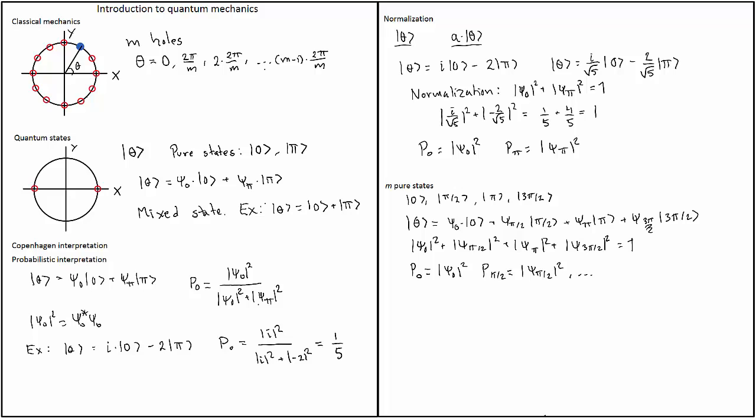In the classical mechanics system, we could represent the position with just one angle, a number between 0 and 2 pi. In the corresponding quantum mechanics systems, we need m complex numbers to represent the system. On the other hand, those m complex numbers will represent everything there is to know about the system.